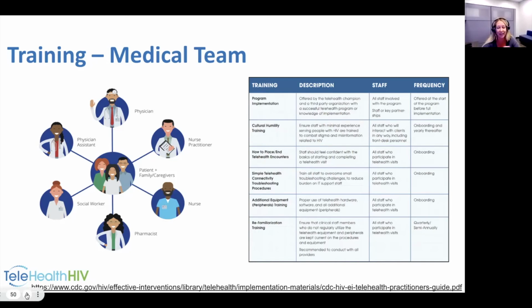And so we want to make sure that we're combating stigma as well as misinformation for our patients. Now, I will say when we first started our program, I will never forget we had somebody who was helping to facilitate at the Department of Corrections, and a patient wasn't comfortable coming into it because it was new to them. They hadn't heard about it. And the person who was helping us facilitate the visit goes outside in front of everyone and says, if you don't come and see the UIC medical team, you're not going to have your HIV medications refilled.